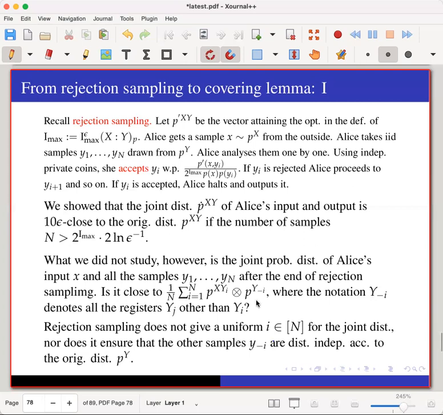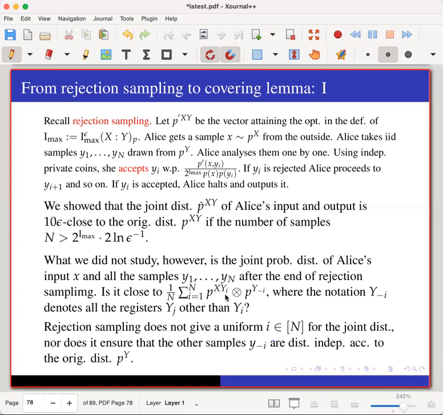What about the registers j, where j is less than I, j is greater than I? I think he's not getting the notation py minus I. No, the notation is fine. The intuition, I'm not able to interpret it. So this is supposed to be a joint distribution on x and all the yi's, right? Yes.